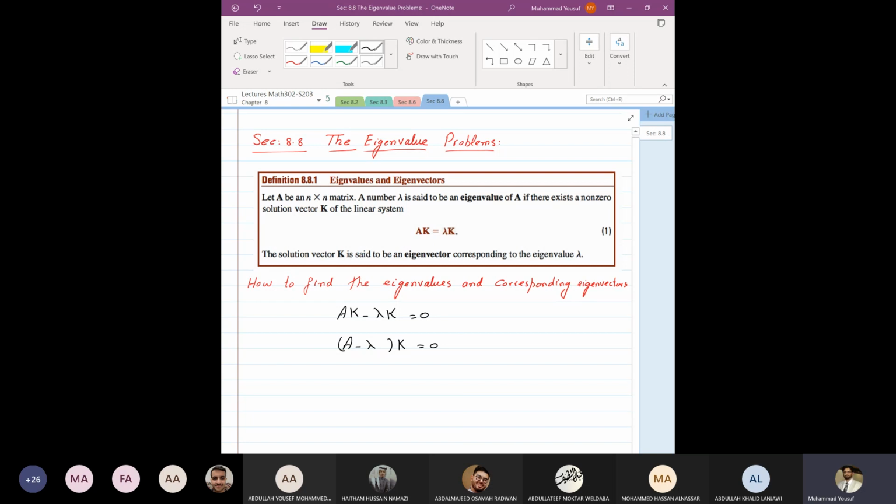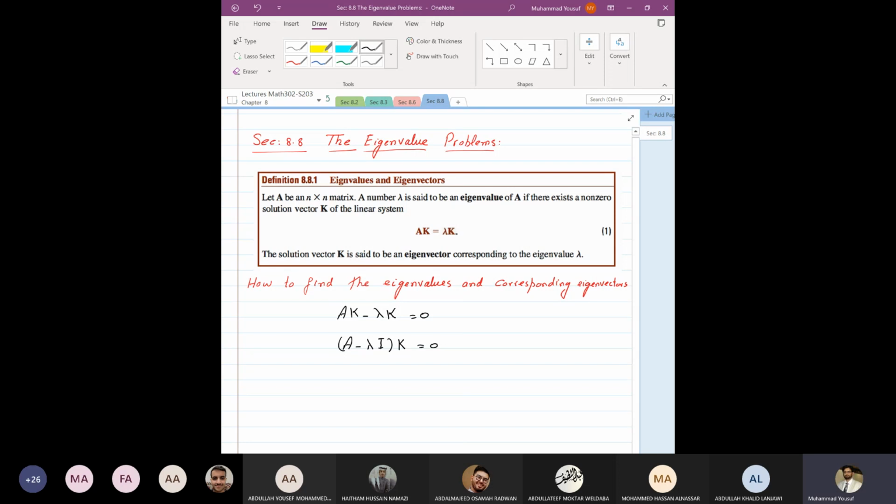But this is not true. We cannot do this because A is a matrix, lambda is a number. So we need to make this lambda a matrix. And for that, when we take something common in case of matrices, what is left at that place is not the number 1, it is the matrix I, the identity matrix.